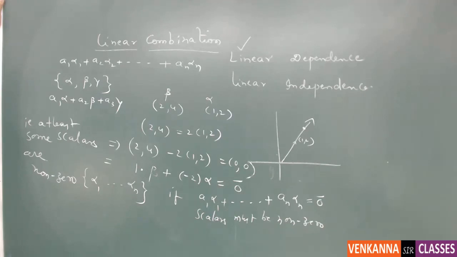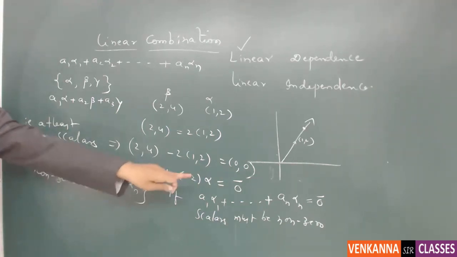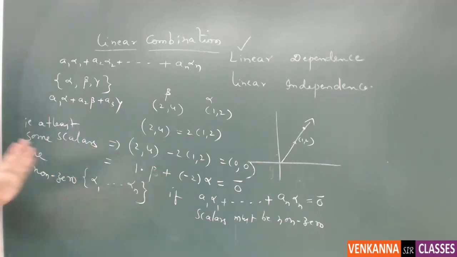So, in other words, it is possible to find some non-zero scalars so that the result of the combination is 0. Okay? Is the definition clear? Any questions? Right. So linear independence means whenever you take the linear combination as 0, all the scalars are 0.